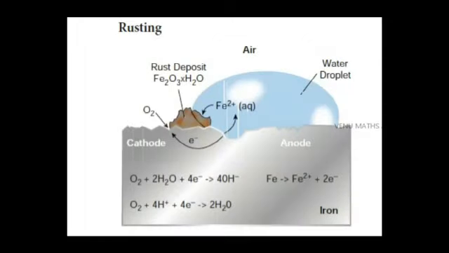Let's see how corrosion occurs. It's an electrochemical process. For electrolysis, we need a cathode, an anode and an electrolytic solution. We know that the cathode will be positively charged.